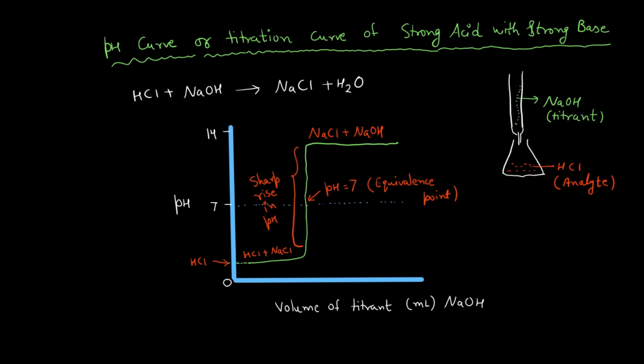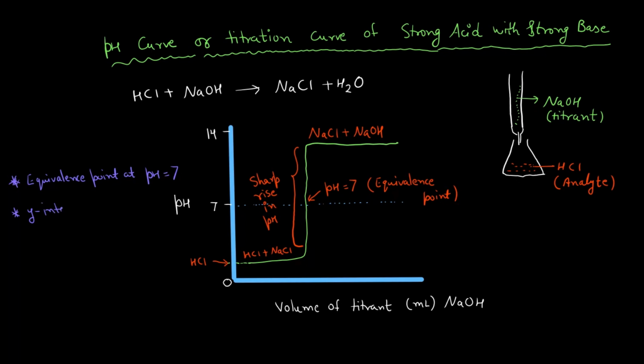So what are the characteristics of this curve? The main characteristics of this curve are that we have an equivalence point at pH equals 7. This is our first point. Second point, y-intercept.